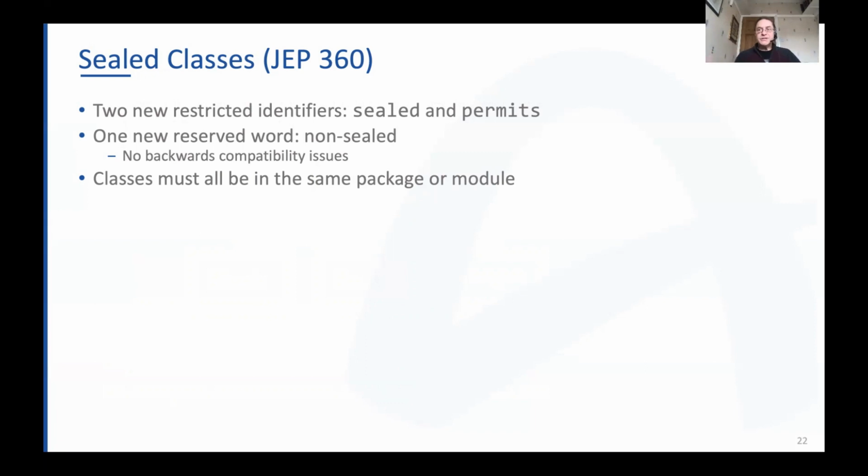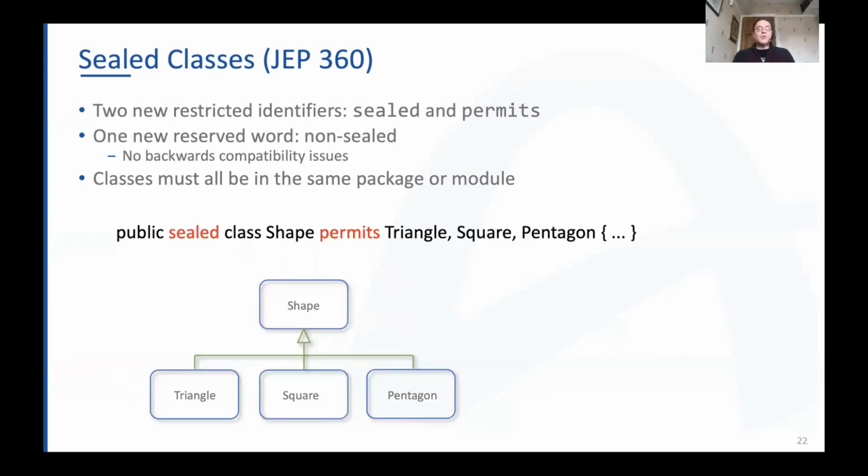Classes that are using sealed classes must all be in the same package or module. So there has to be that visibility in terms of packaging and modules. So what we can do is something like this. We can say public sealed class Shape permits Triangle, Square, Pentagon, and that will allow us to do the same thing that we had before. So we have our Shape as a superclass, Triangle, Square, and Pentagon as subclasses.